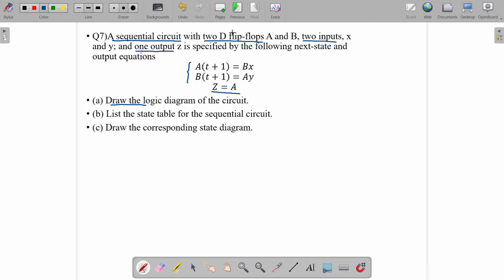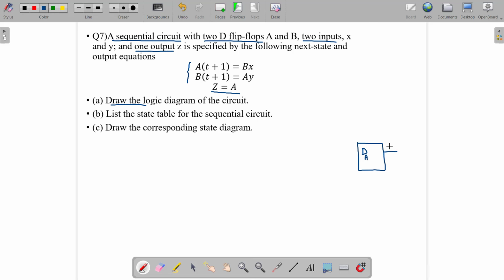Now look at here, according to this information, we have to first of all read the question carefully to extract the information from the problem. Because we have two D flip-flops, we draw the two flip-flops, something like that. This D flip-flop we call DA.